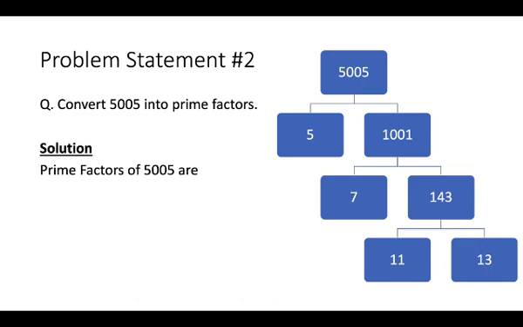So, 5005 can be written as 5 into 13 into 11 into 7. It is right as order doesn't matter. But students, a better way to write this is in ascending order. So, 5005 is equal to 5 into 7 into 11 into 13.